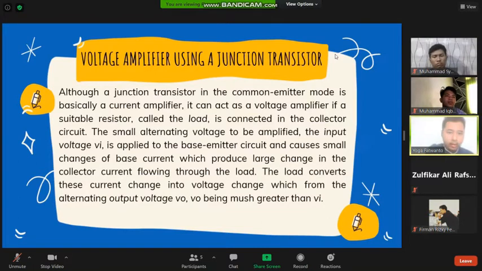The small alternating voltage to be amplified, the input voltage Vi, is applied to the base emitter circuit and causes small changes of base current which produce large changes in the collector current flowing through the load. The load converts this current change into a voltage change, Vo being much greater than Vi.